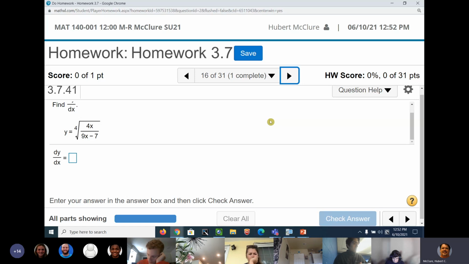I would approach this one with the chain rule first, and the chain rule is going to turn into a nested quotient rule. Because of what? Because of what's in the parentheses.